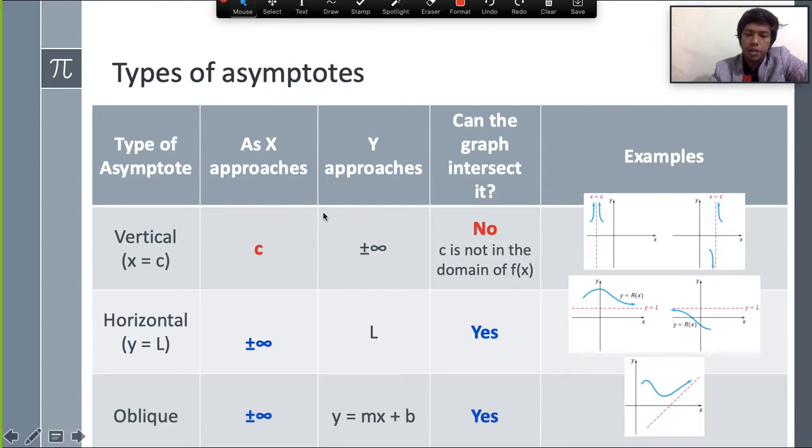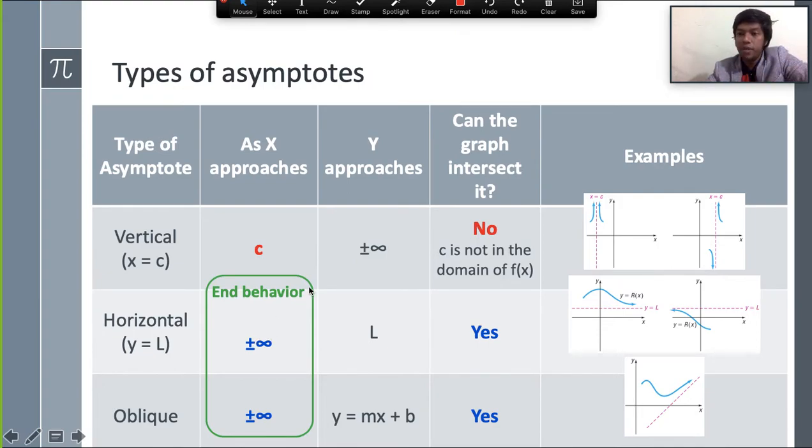This is basically the end behavior, the horizontal and oblique thing, because the end part of the graph basically comes closer and closer to that line. You can relate it to the end behavior of the function. Then it will start making more sense.